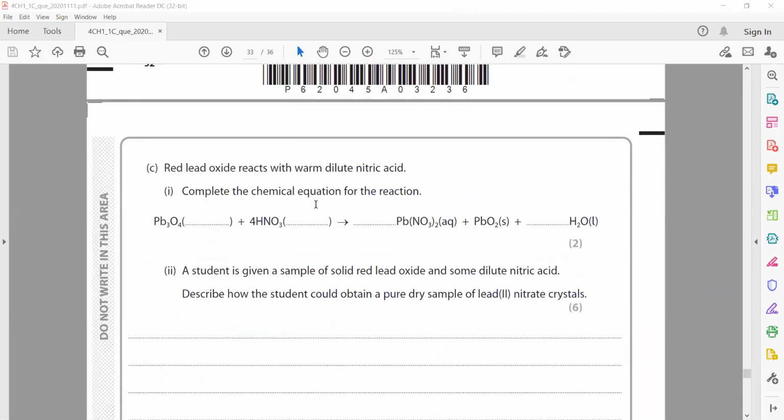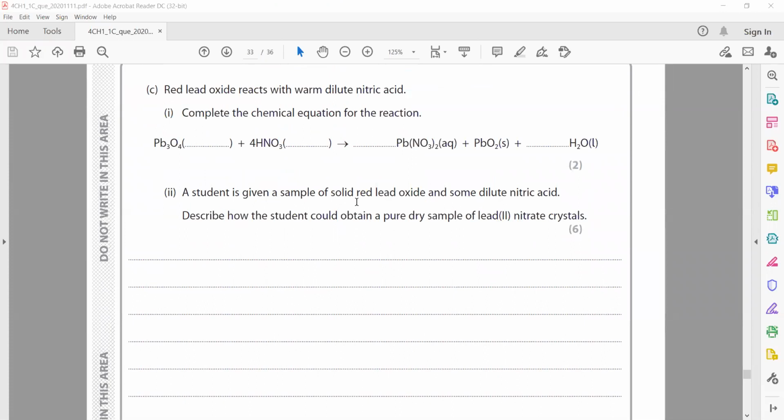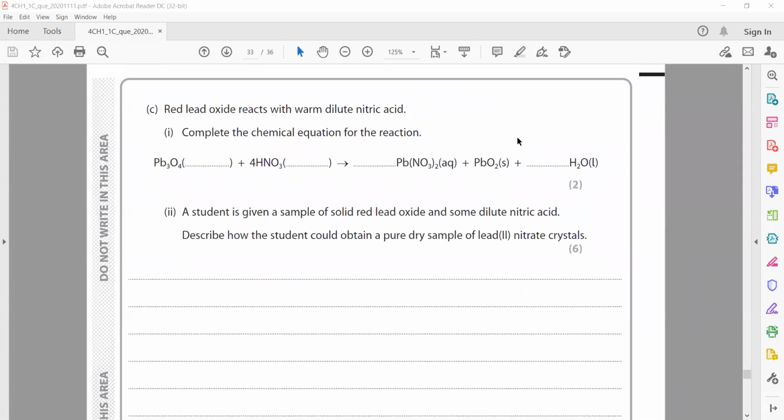Red lead oxide reacts with warm dilute nitric acid. Complete the equation. You have to balance this equation. What will be the balanced numbers? Lead 3 oxygen 4 reacting with nitric acid gives lead nitrate plus lead oxide plus water.